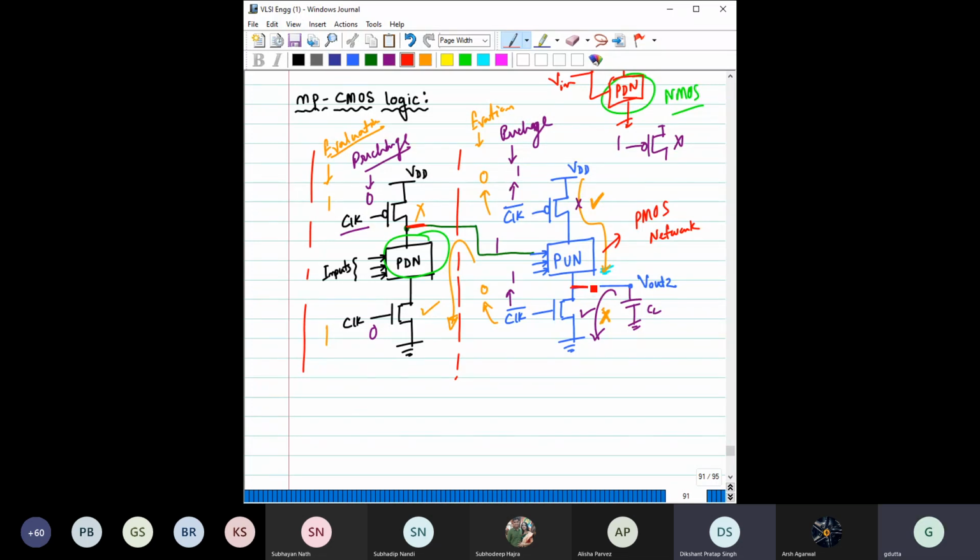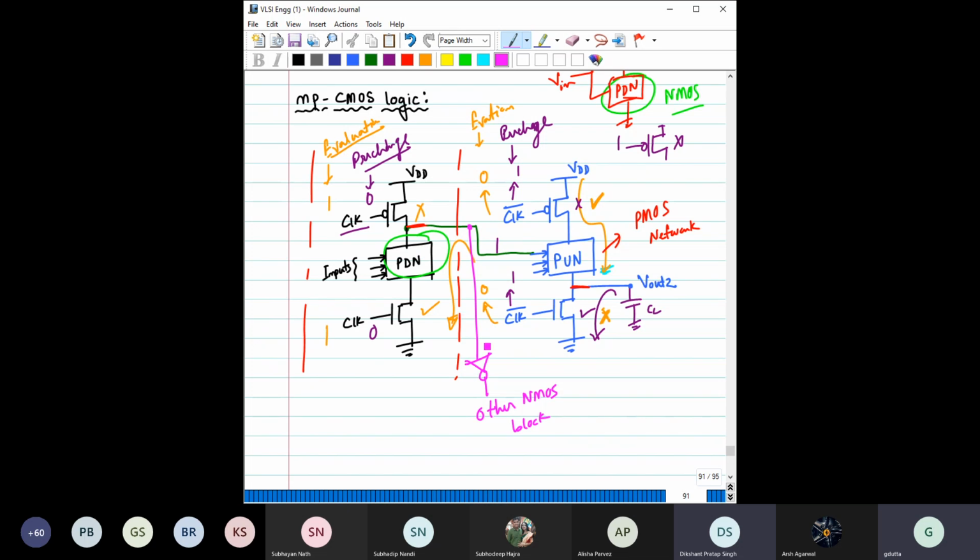Now the next important thing is, suppose from this node you want to drive other n blocks. Then you have to use again an inverter, with another NMOS block, similar to domino, right? Are you getting my point?